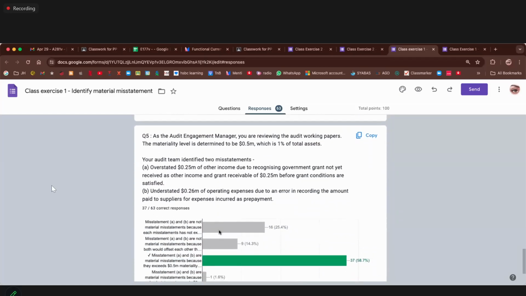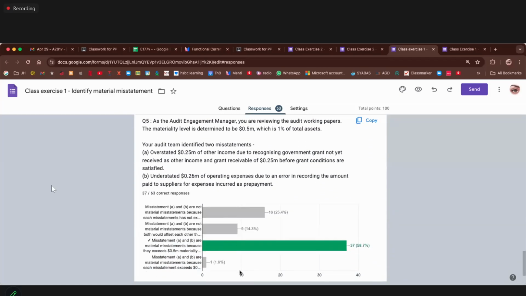The next question is very similar, but this time the question is testing based on aggregation. As the audit engagement manager, you are reviewing the audit working papers. The materiality level is determined at 0.5, which is 1% of total assets. The audit team identified two misstatements: 0.25 million on other income due to recognizing a government grant not yet received as other income.